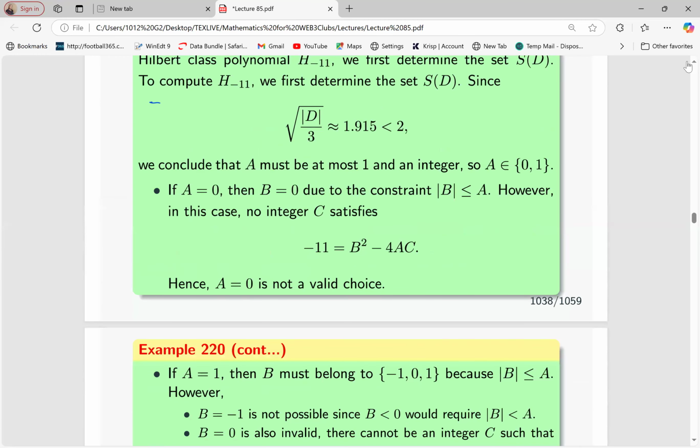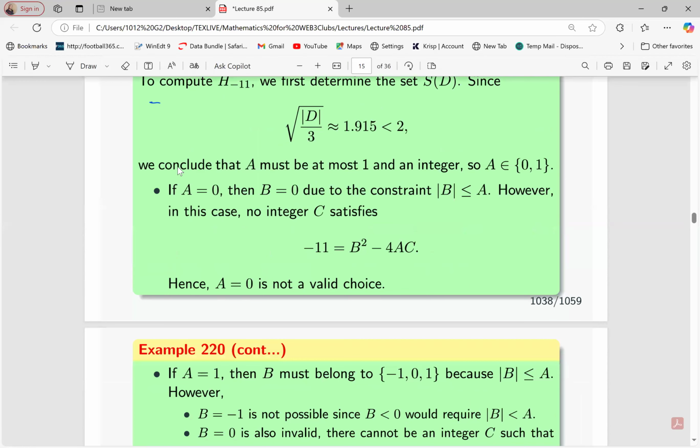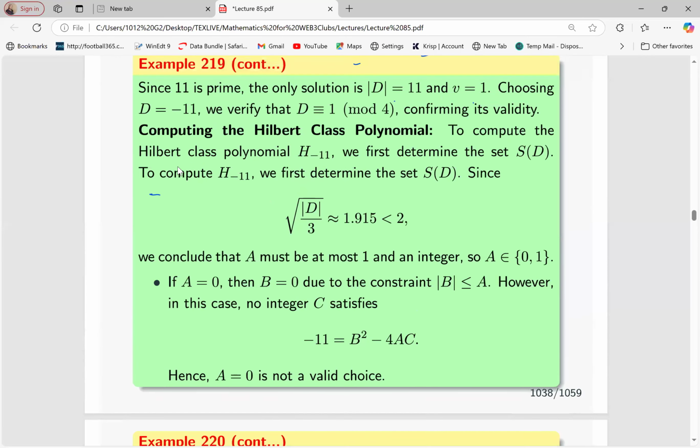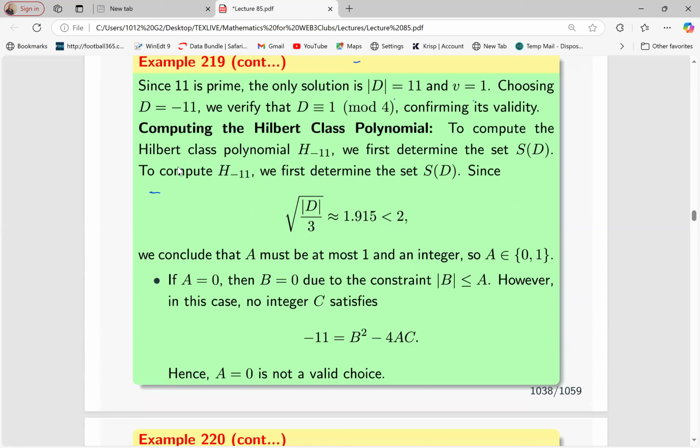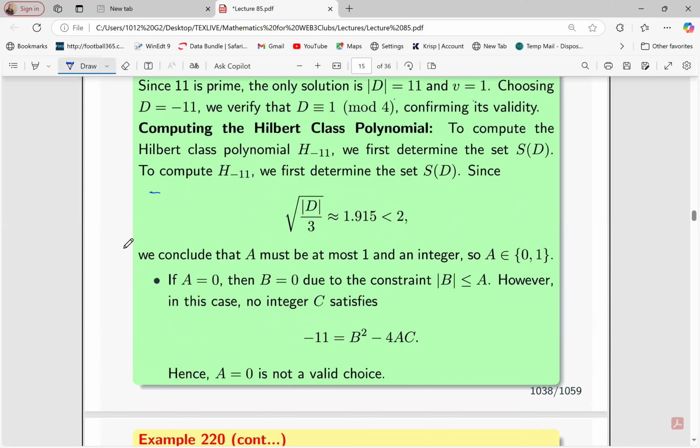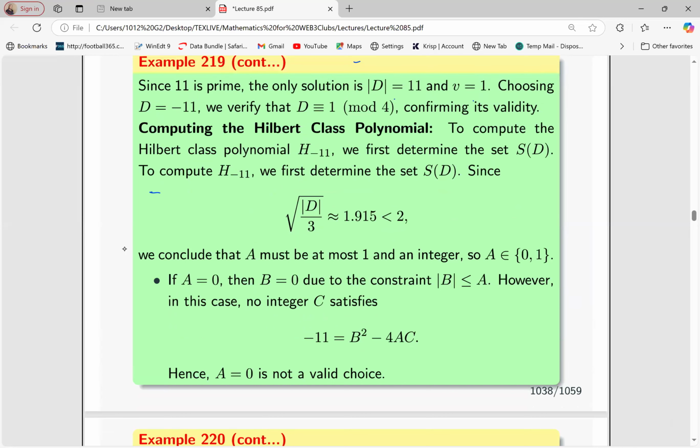Now, for us to get those conditions on A, B, C, the first thing we said, and I remember saying that, is we find the maximum of A. Maximum of A is given by the square root of the absolute value of D over 3. Our D we just found to be negative 11, so when you put in the absolute value, it will just be 11.